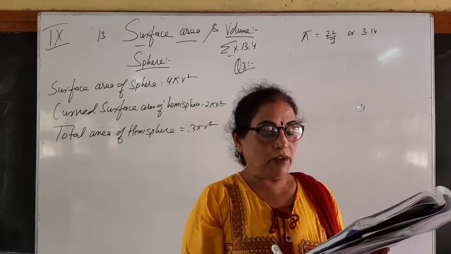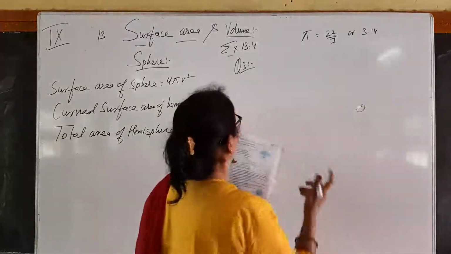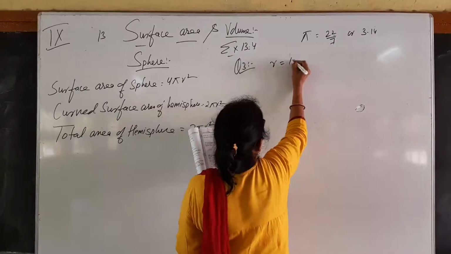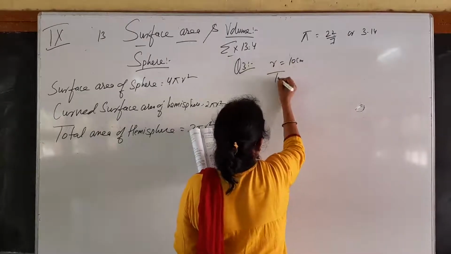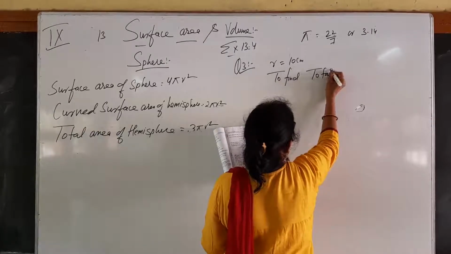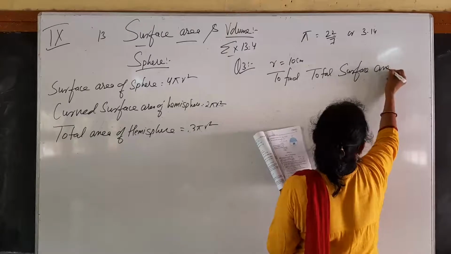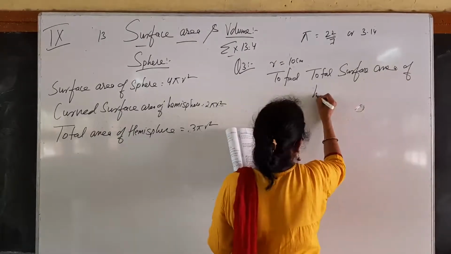Find the total surface area of hemisphere of radius 10 centimeter. Radius is given 10 centimeter. To find total surface area of hemisphere.